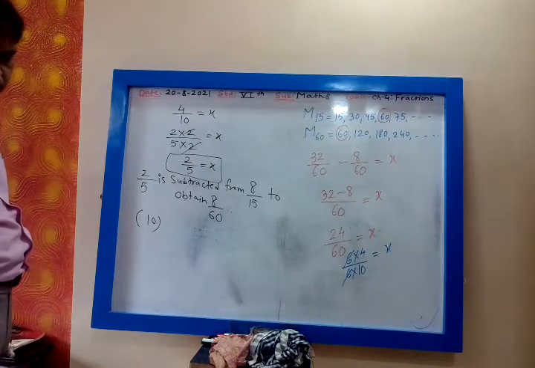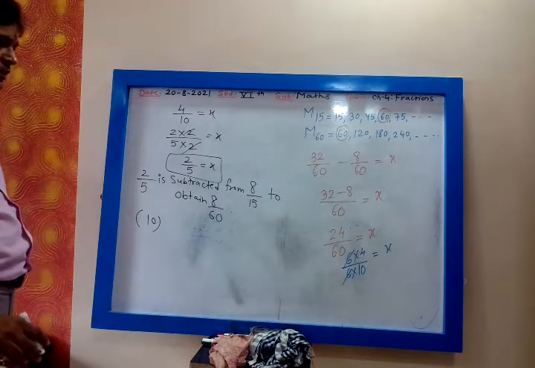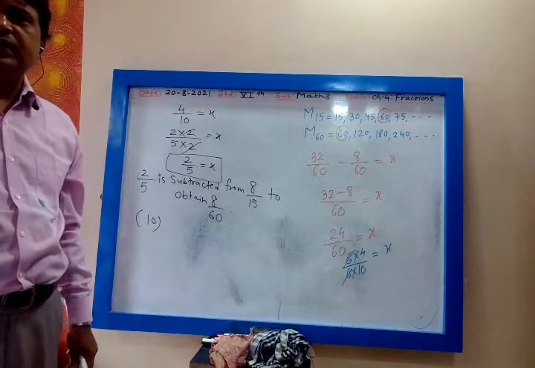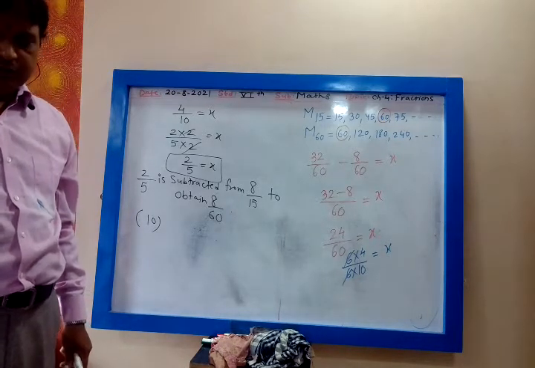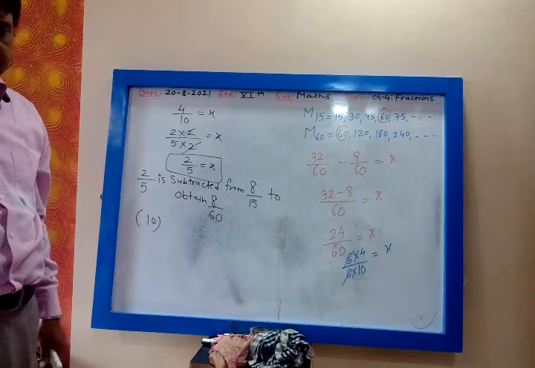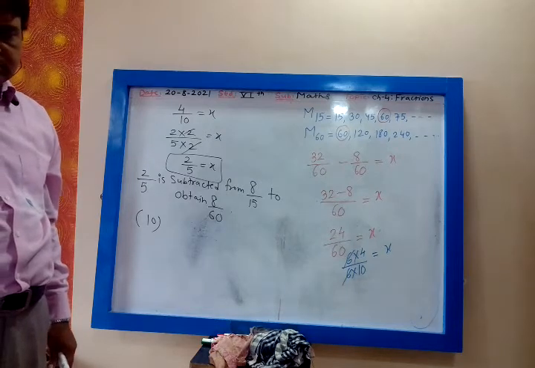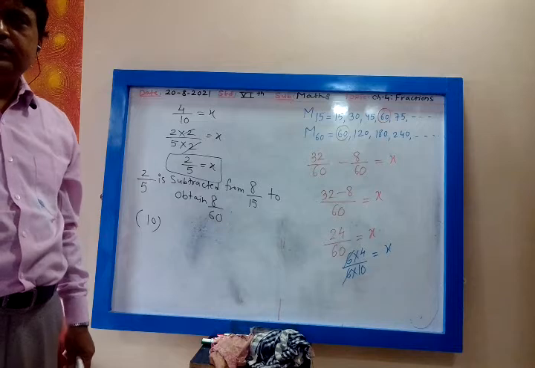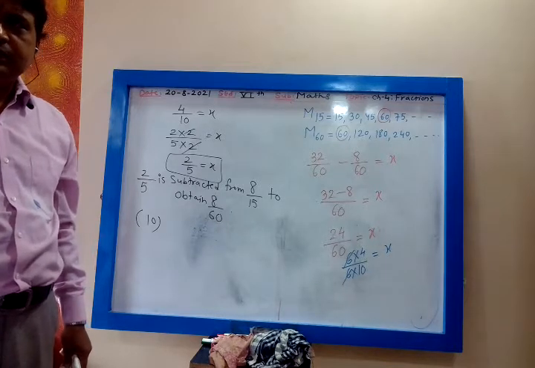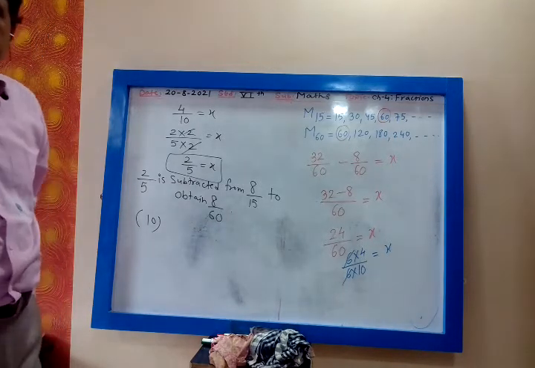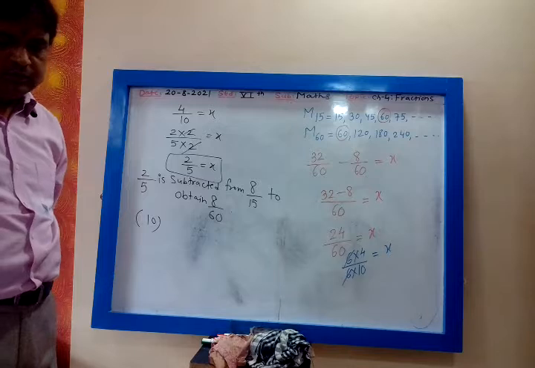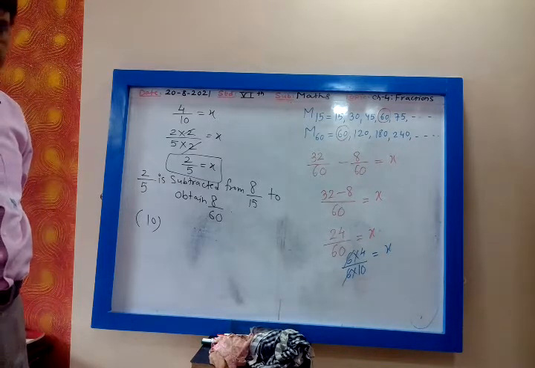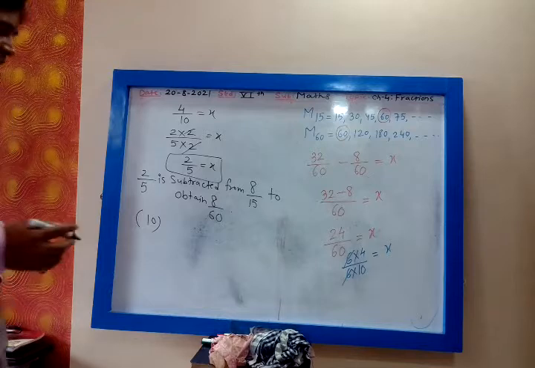Is the voice clear? I will go slow. So the difference of two fractions is 13 by 30. If the smaller fraction is 5 by 6, find the bigger fraction.